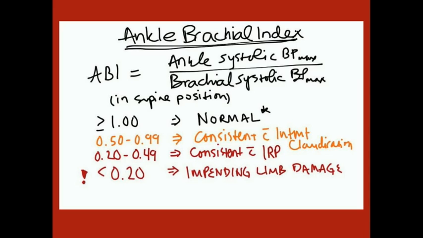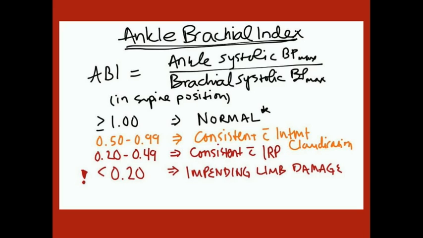The only way physiologically that could happen is if you're upside down. So you should always have a higher blood pressure in your lower extremities than in your upper extremities. And if you have occlusion, that can cause a lower blood pressure in your lower extremity than in your upper extremity, because you're not getting pressure down to that lower extremity.